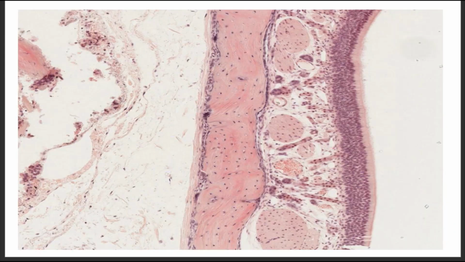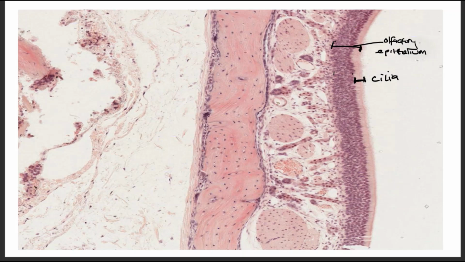So this is at medium power. From here up to here, this is the olfactory epithelium. From here up to here, this is the cilia. Now, when you notice this portion here, there are a lot of nuclei.